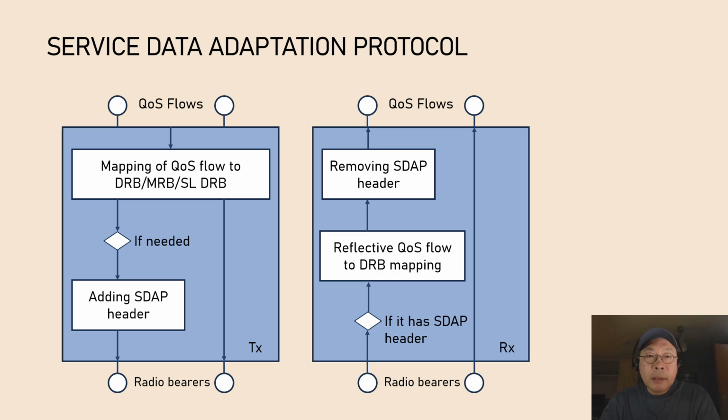On the right, in the RX path, if an SDAP header is present, the SDAP performs reflective QoS flow mapping, removes the header, and delivers the data to the upper layer. So overall, the SDAP layer ensures consistent QoS handling between uplink, downlink, and sidelink.